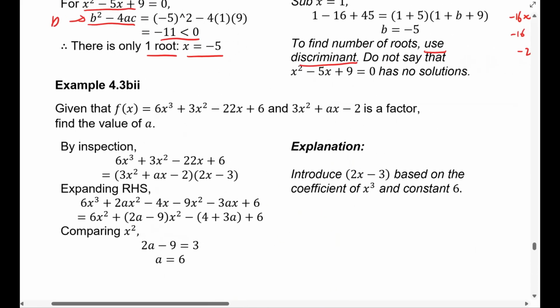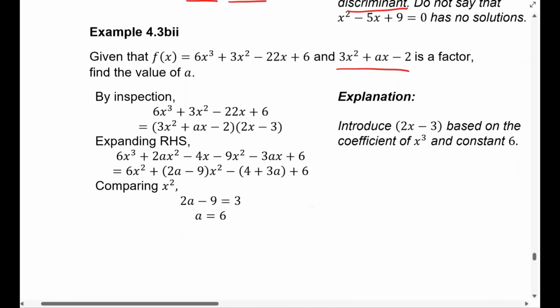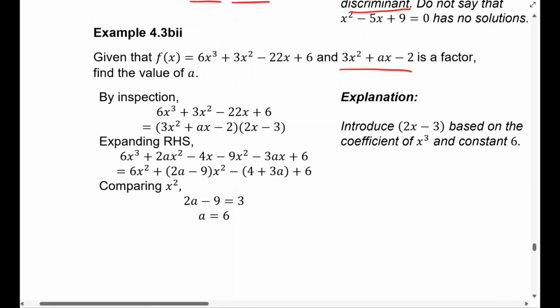Second example, given that f(x) equals 6x cubed plus 3x squared minus 22x plus 6, and this is a factor, find the value of a. Now, we can find the value of a by doing direct comparisons between our given function and the function that we eventually come up with when we do expansion.